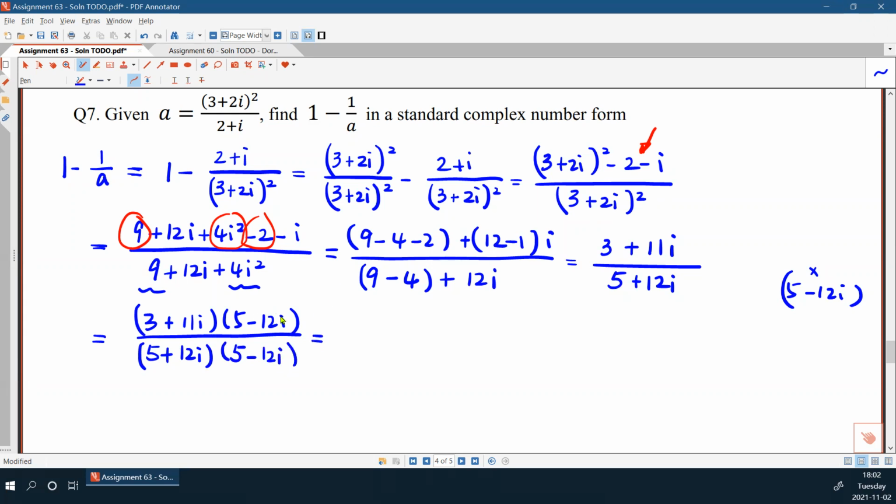Okay, then we need to expand the numerator and denominator respectively. For the numerator, we have 15 minus 36i, then plus 55i, then minus 12 times 11 is 132, then i squared, right? Sorry, not 132, 13.